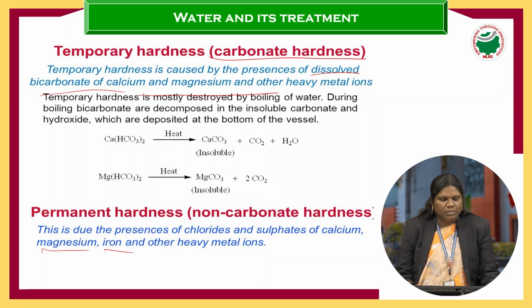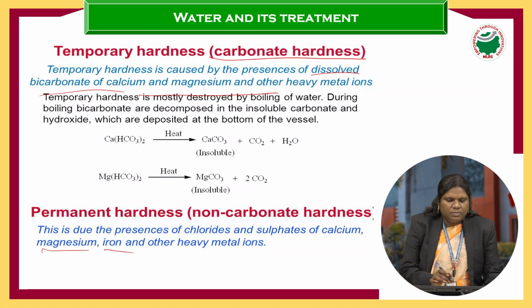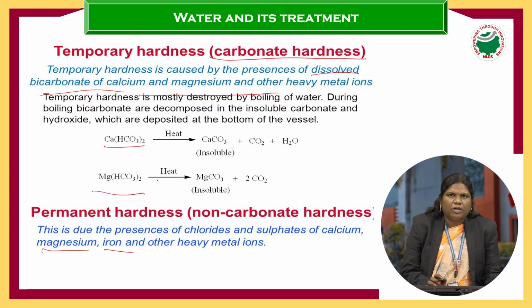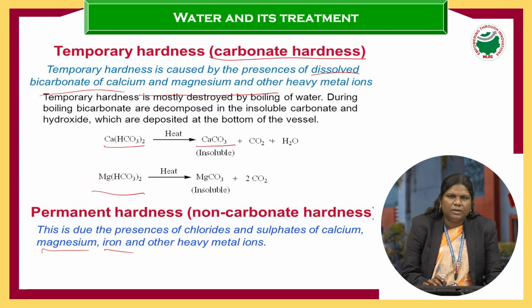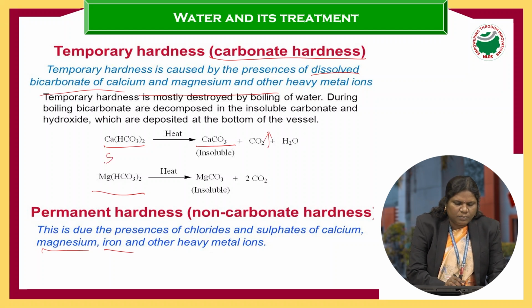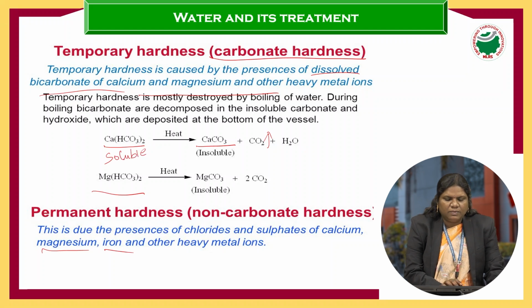What will happen in the temporary hardness? When water is boiled to boiling point, the calcium bicarbonate and magnesium bicarbonate present in the water will be converted into calcium carbonate along with the release of CO2 gas and H2O. This soluble calcium bicarbonate will be converted into insoluble calcium carbonate along with the release of CO2 gas and H2O.